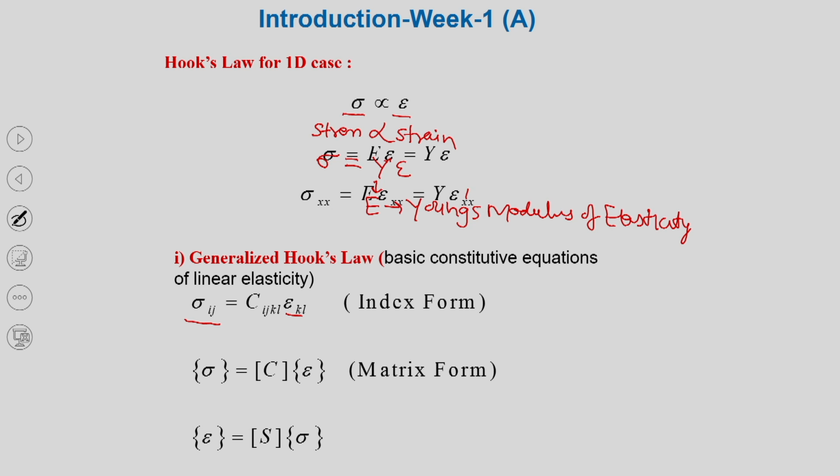Here sigma is generally 9 cross 1, and this matrix is 9 cross 9, because we have 9 components of stresses. But as you know, by using the moment balance we have proved that tau yx is nothing but tau xy, tau yz is nothing but tau zy, and tau zx is equal to tau xz.